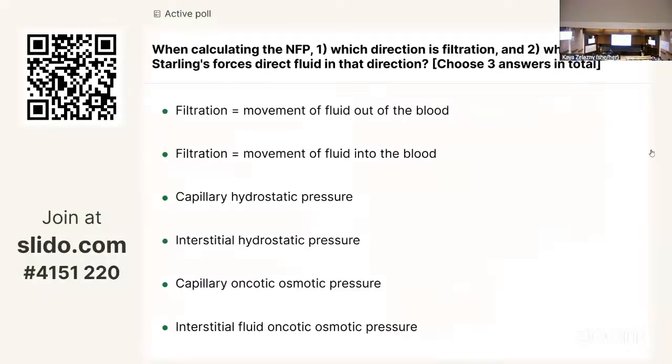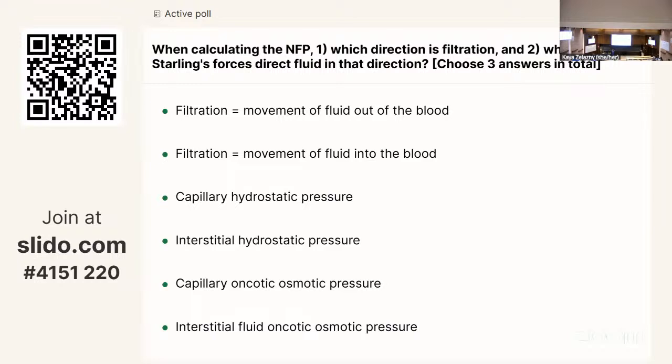Okay. So in order to do this, we are going to be working with basically a specialized capillary system. Okay, so we talked about capillaries before, and we talked about net filtration pressure before, NFP. So we're going to be modifying that now specifically to the kidneys as we think about glomerular filtration. So let's remember what our directions are.